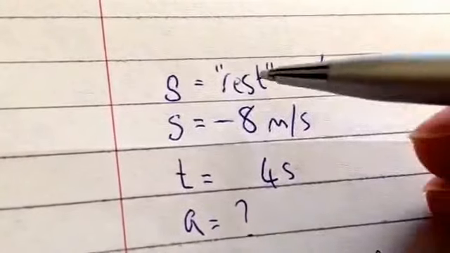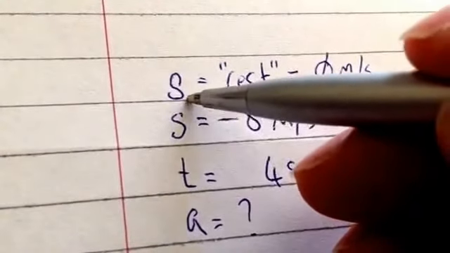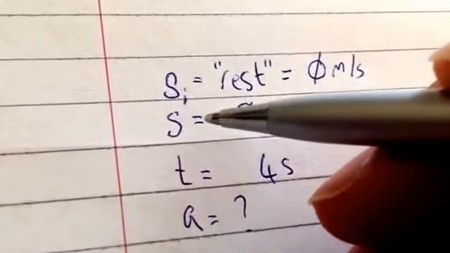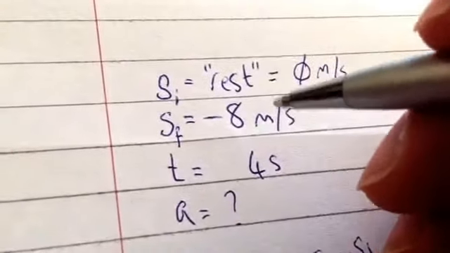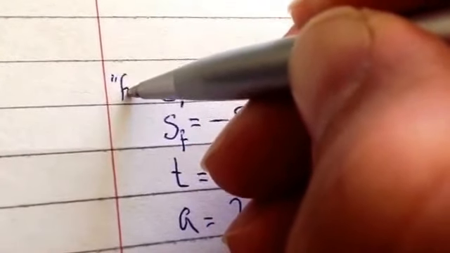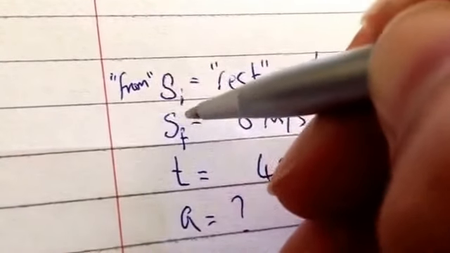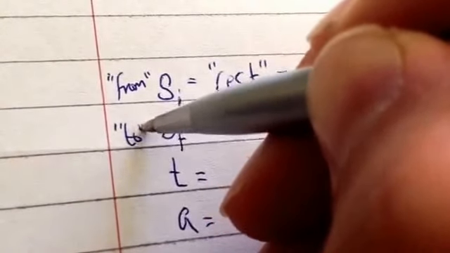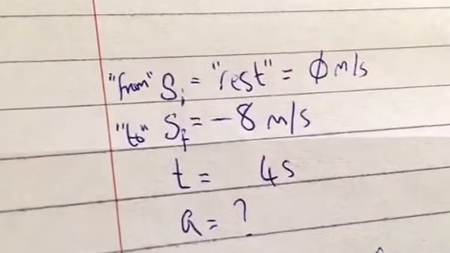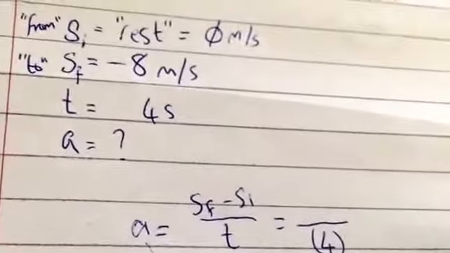So now we have two speeds, 0 and minus 8. The initial, the start speed is from rest to minus 8. By the way, if you want to know which one's initial and final, usually the word from goes before speed initial, and the word to goes before speed final. So now we have your two numbers.